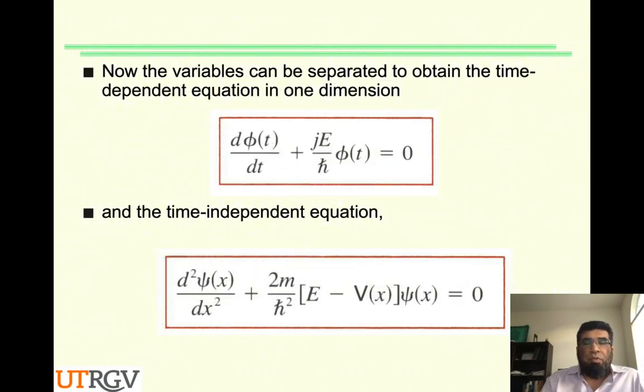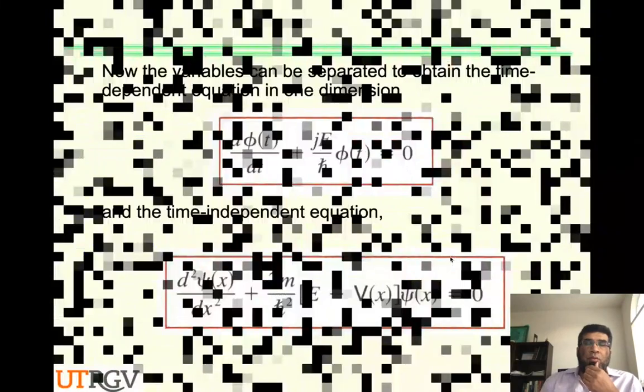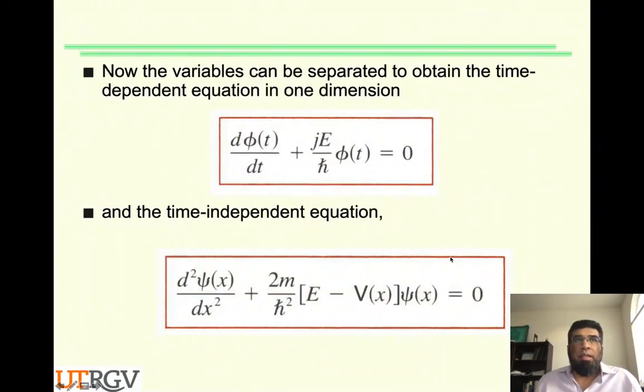From this we can separate the time dependent and time independent equations. Basically, what we are getting is an equation which can tell us how things are moving in space and how things are moving with respect to time. Why do we want to separate these out?